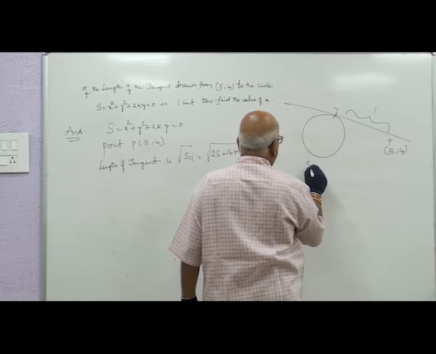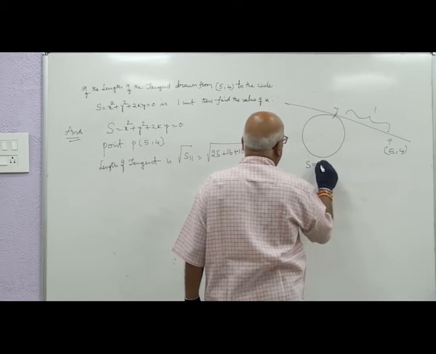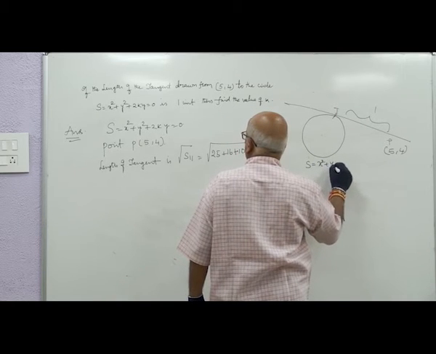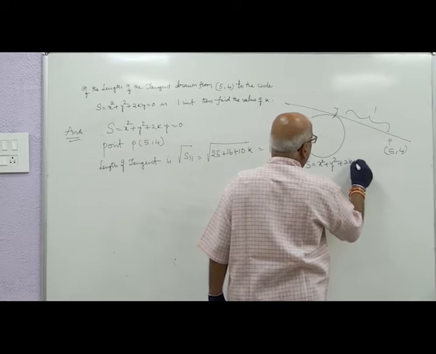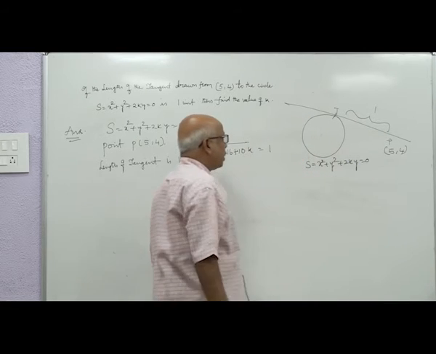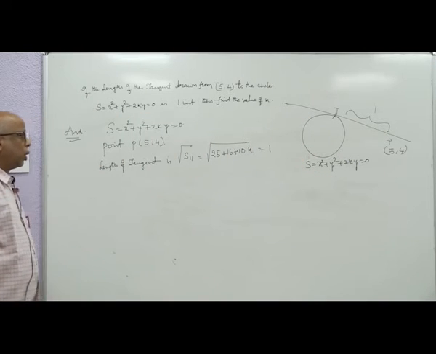And the circle equation he gave. What is the circle equation? x square plus y square plus 2ky equal to 0. Then what is the value of k?